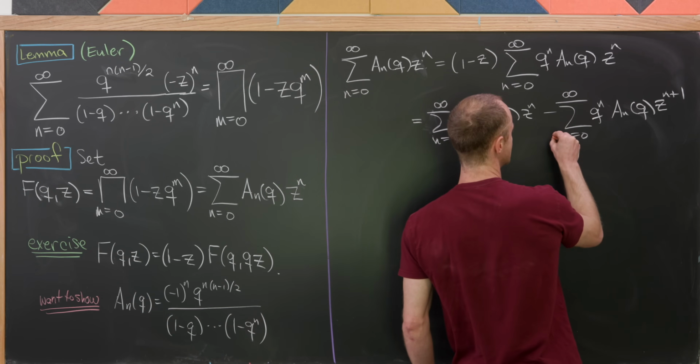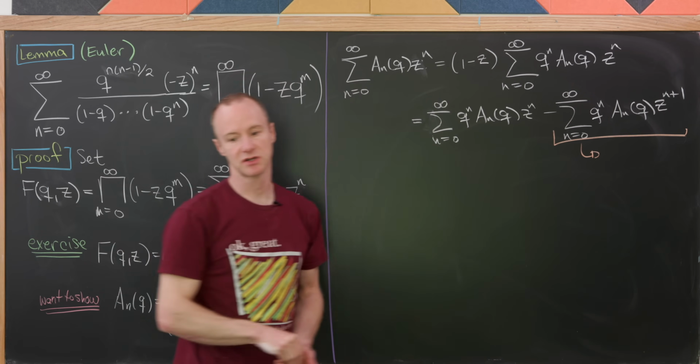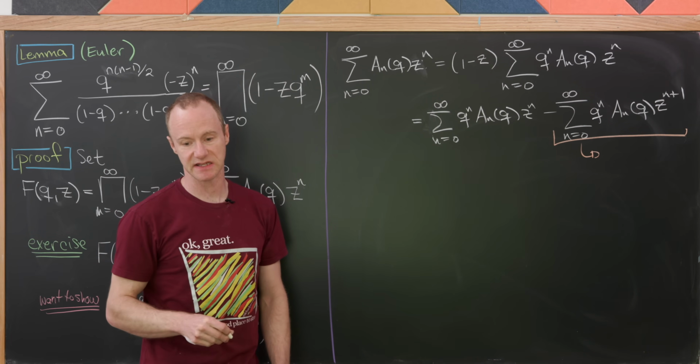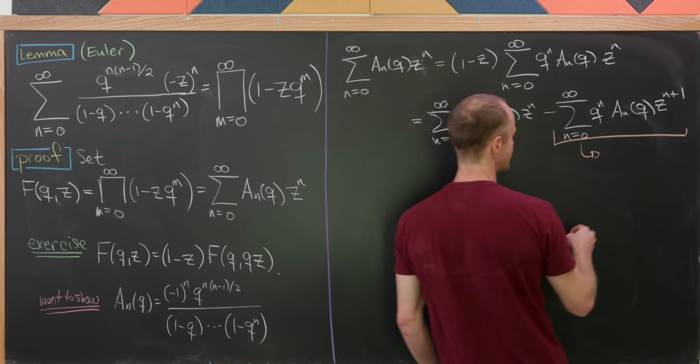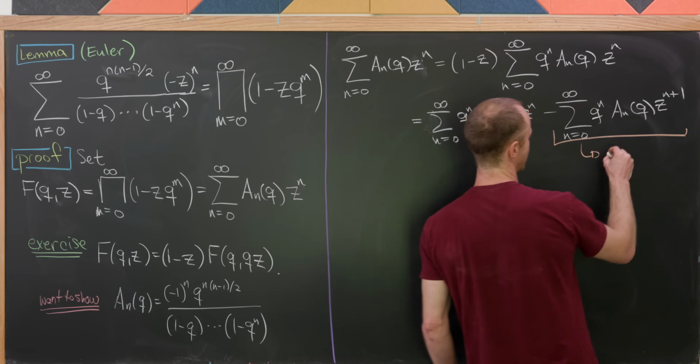But now what we'll do is re-index this term that I'm underlining in peach to give it a power that is z to the n instead of z to the n plus 1. And you can do that by replacing all of the n's with n minus 1s just like we did before.